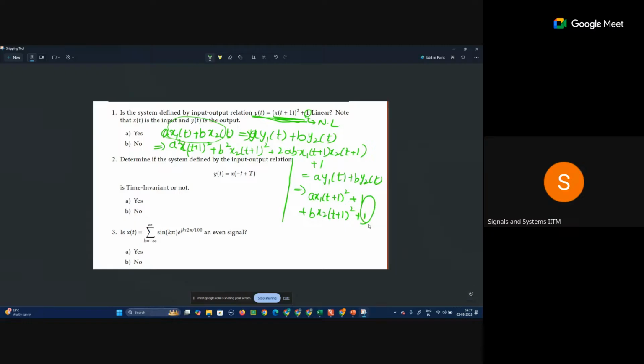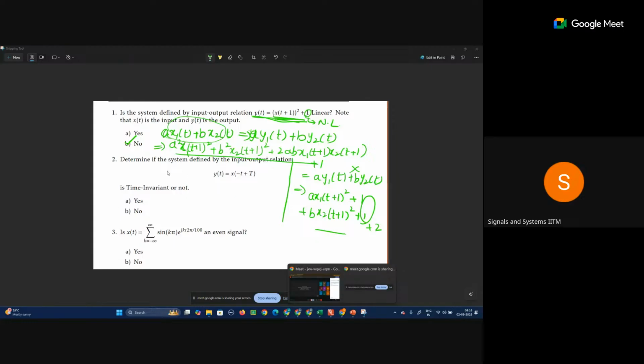As a result, here we'll be getting 2, and this term is not equal to the expected term. So it is a non-linear system. Is this clear? Does anyone have any doubt in this? No, ma'am, clear. Okay.